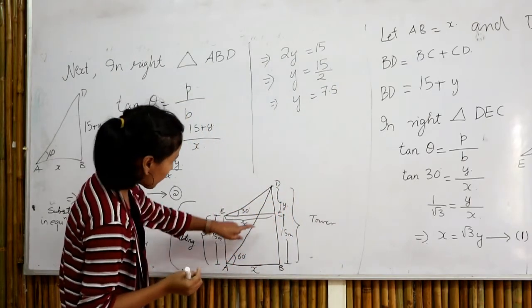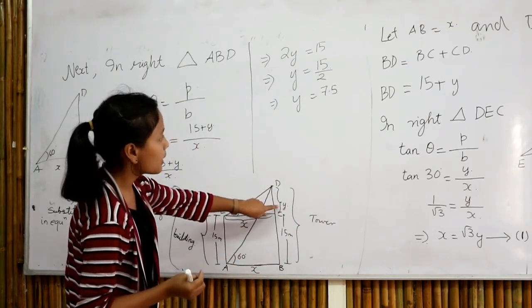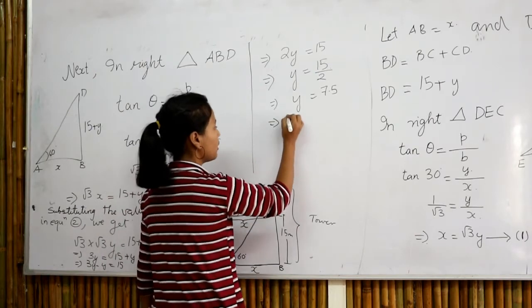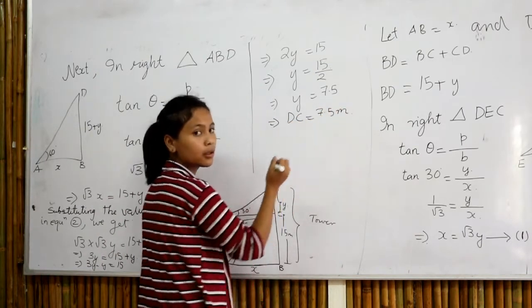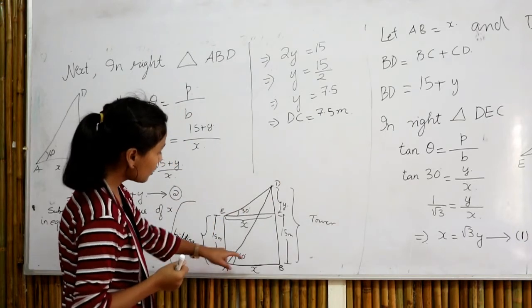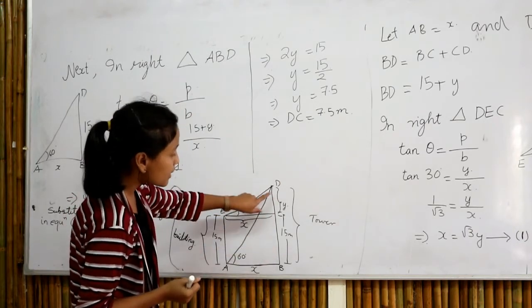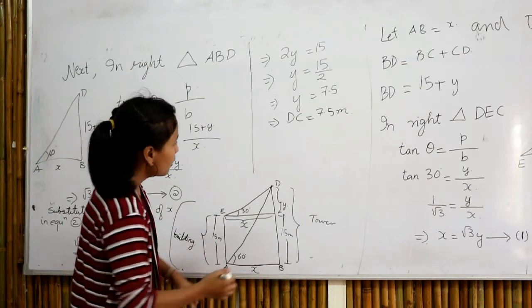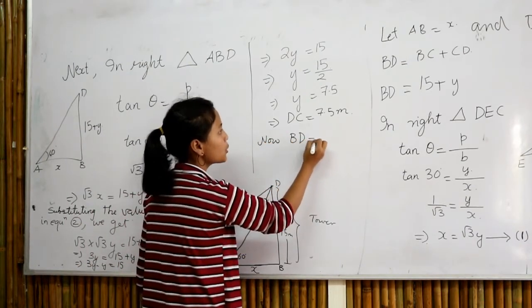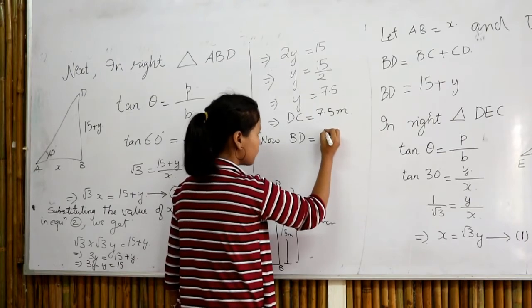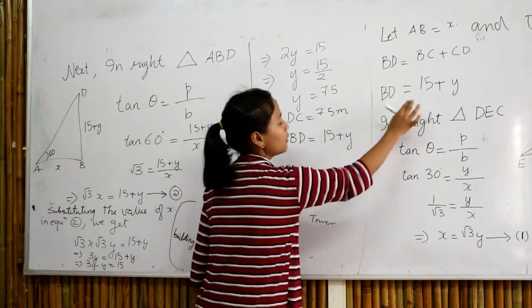Now we have got DC. DC is equal to 7.5 meter. BD is the height of the tower, right? Now, BD is equal to 15 plus Y from here.